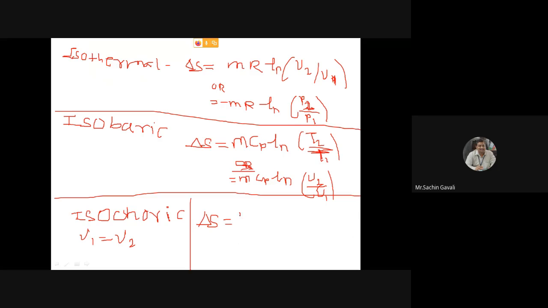The volume is remaining constant but pressure is changing, and temperature is also changing.